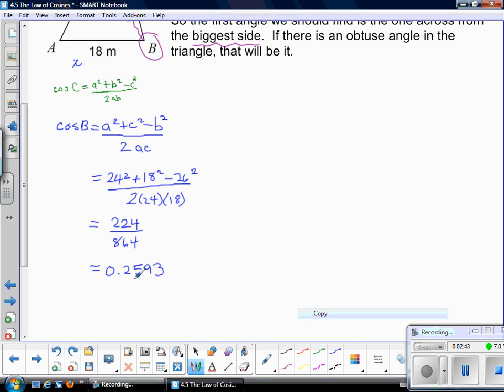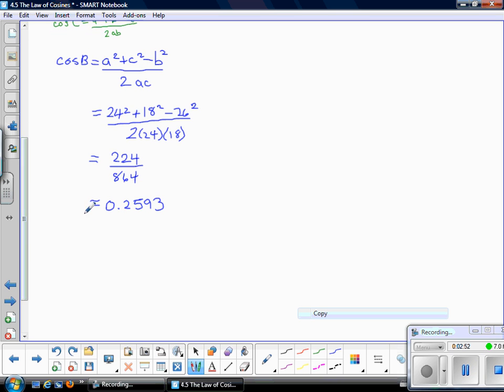All right, so we have that. Now it's just a matter of taking the inverse, because remember, that's the cos of B, and I want to find angle B. So angle B is going to be the cos inverse of that decimal. And when I take my calculator and do the cos inverse, I end up with 75 degrees.